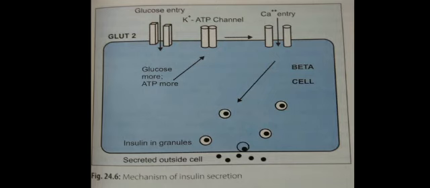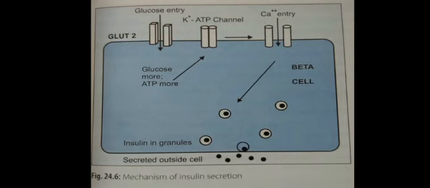Let me make it clear again. When the cell gets depolarized, when the potassium efflux is prevented, calcium channels on the membrane open, there is a massive influx of calcium into the cell, which increases intracellular calcium concentration, and this induces calcium mediated exocytosis of insulin granules, which leads to the secretion of insulin into the bloodstream.